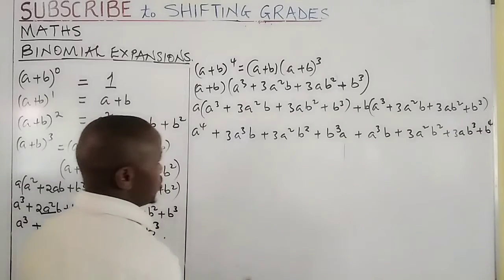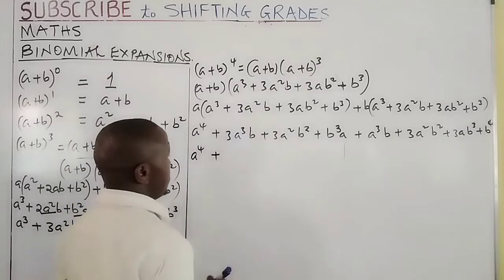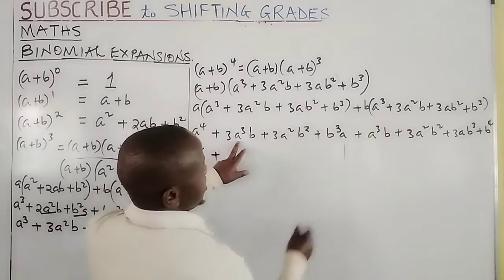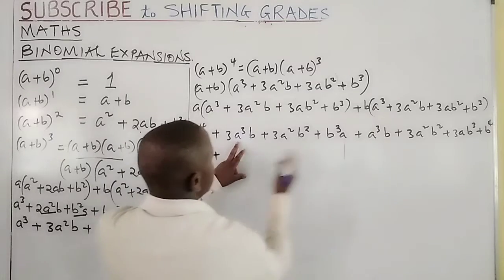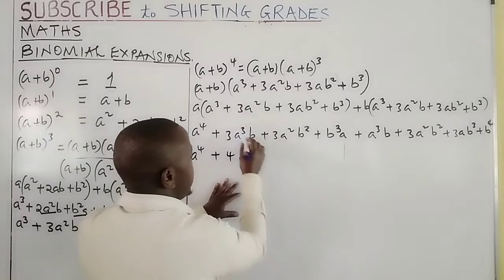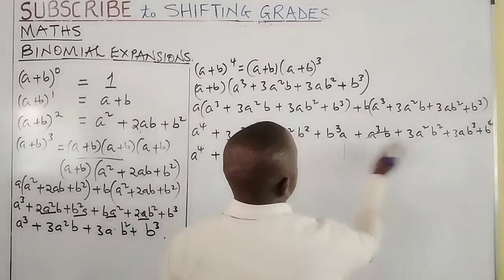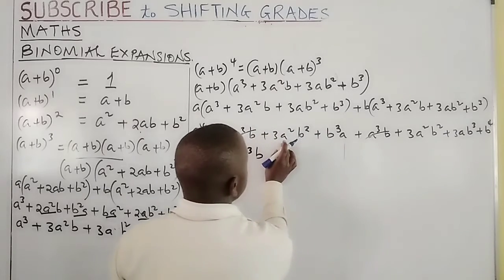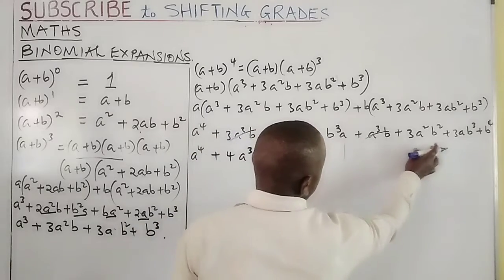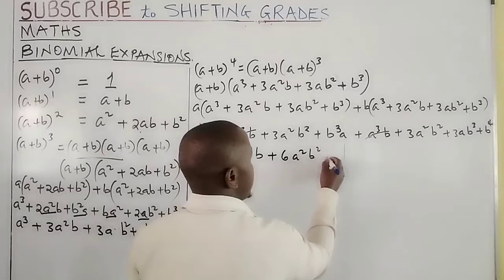So grouping like terms together, we shall have a power 4 plus, a cubed b terms become 4a cubed b. Then a squared b squared, it is 3a squared b squared and 3a squared b squared, they become 6a squared b squared.